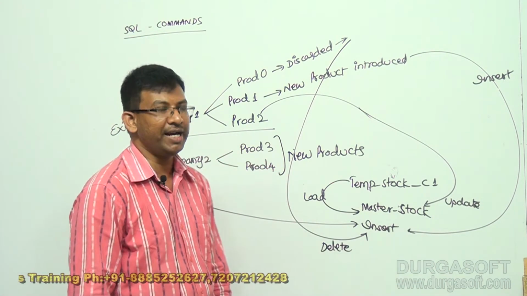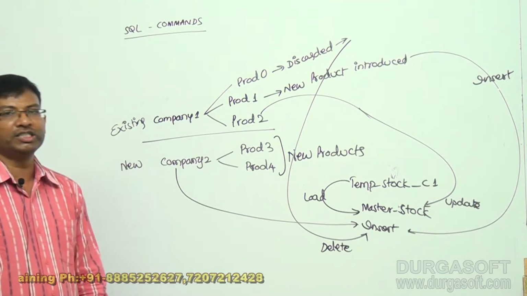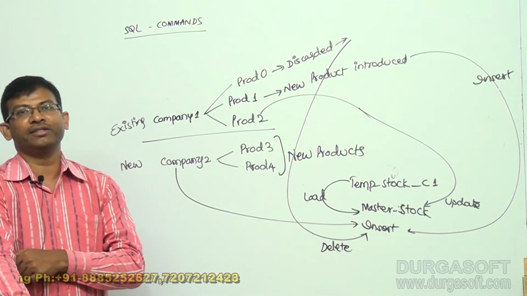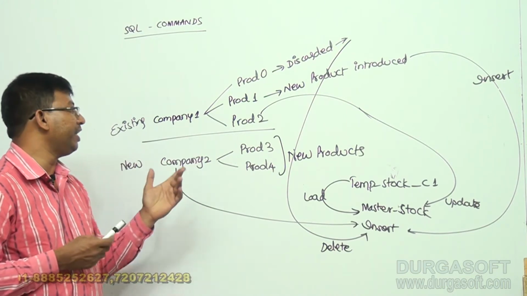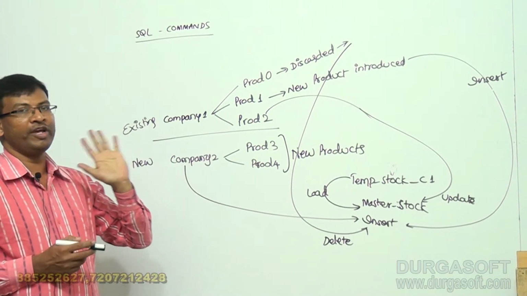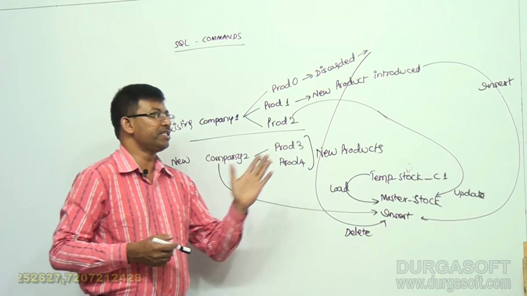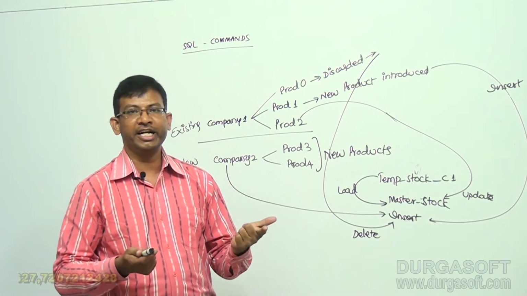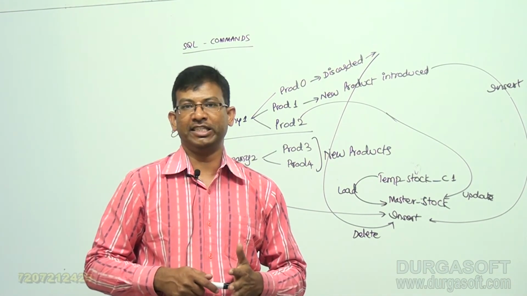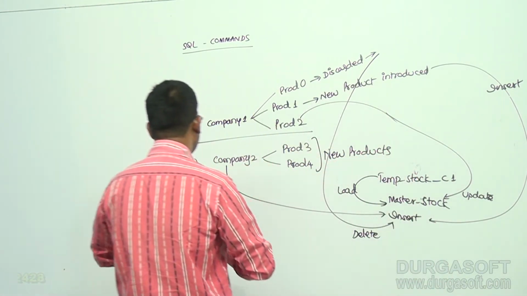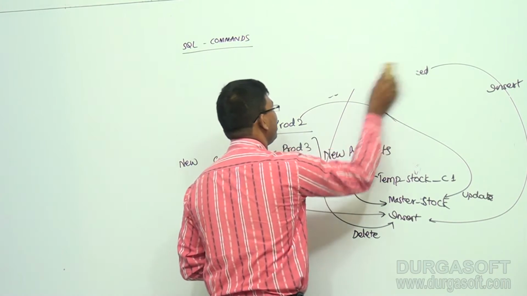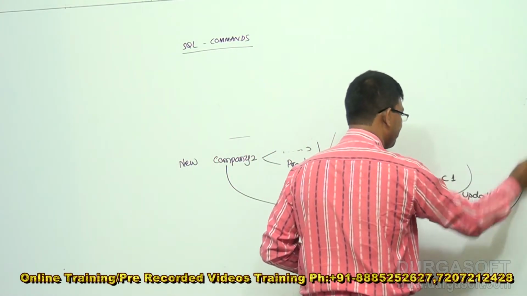To simplify that, they have added the merge command, a single statement through which we can perform all the three tasks. But when they initially introduced it in 9i, we had only insert and update, but in 10G they extended it to the delete operation as well. Now let us see what are all the possibilities available with the merge command.